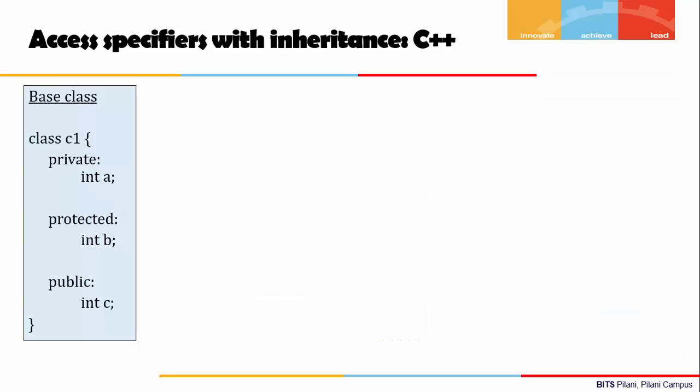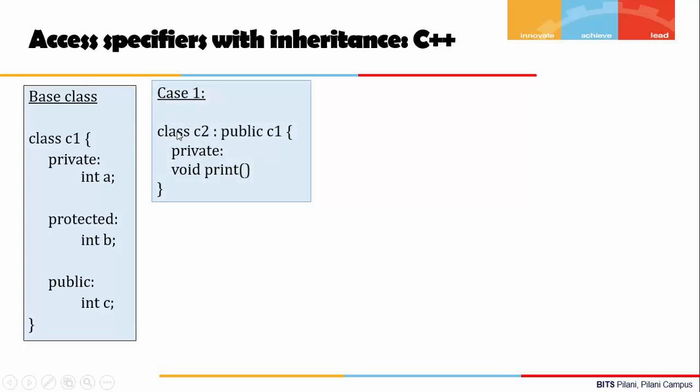To understand this, let's see an example. We have a base class C1. This is the base class C1. This has a private variable A, protected variable B, and public variable C. So consider three cases. So case 1, we have a derived class.